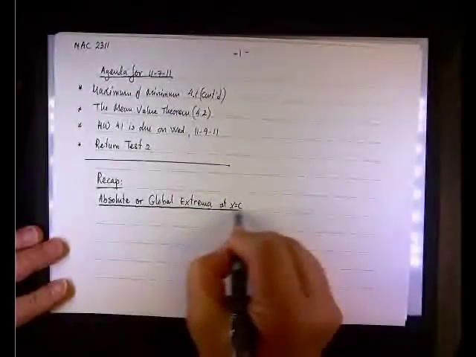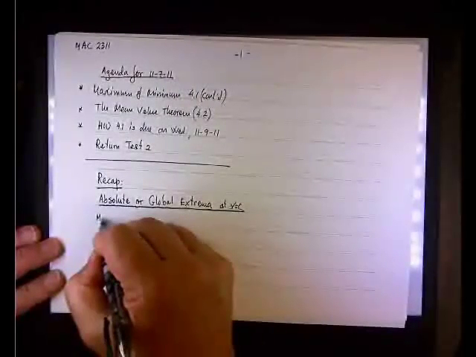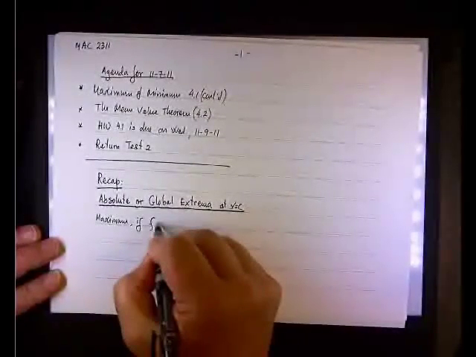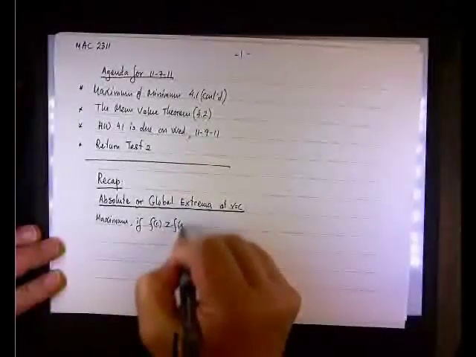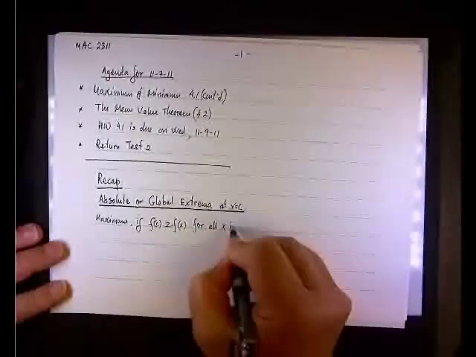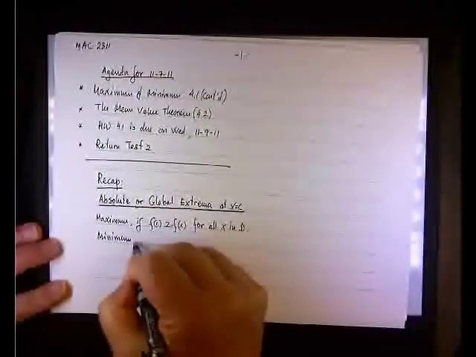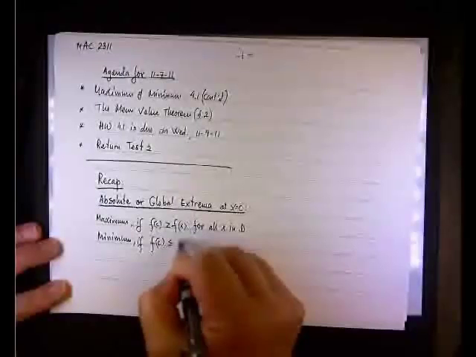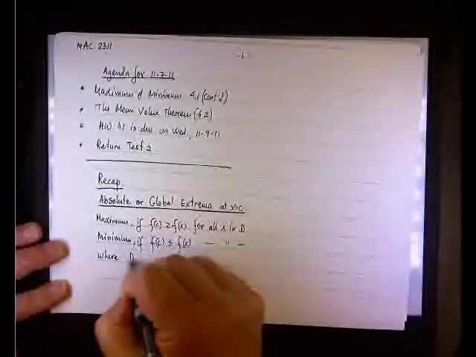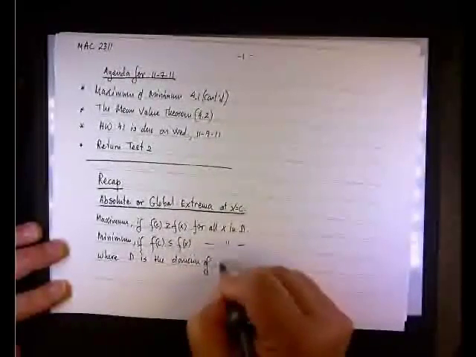c is a certain value on the given interval, then we'll have a maximum if f of c is greater than or equal to f of x for all x in the domain D, and a minimum if f of c is less than or equal to f of x for all x in D, where D is the domain of f of x.